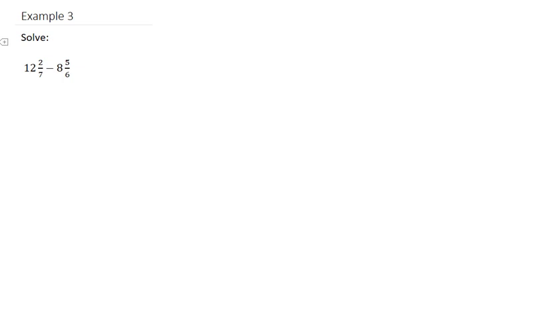Solve for the following. We have 12 and 2 sevenths minus 8 and 5 sixths. So let's first convert this into a fraction. So we go 12 times 7, which is 84. Then we add 2. So we get 86.